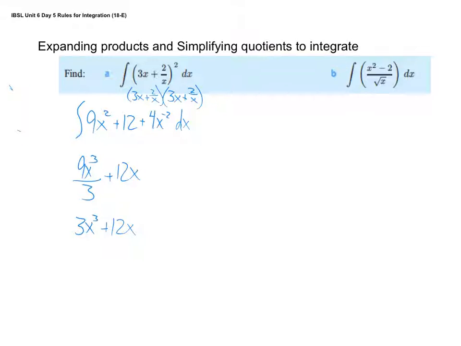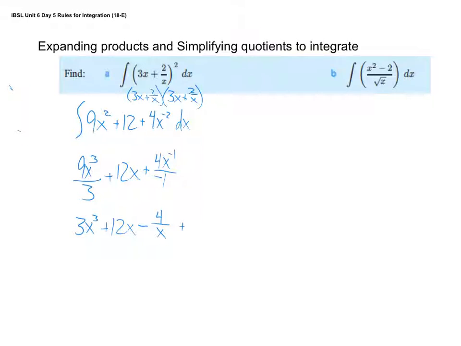And then what's the integral of 4x to the negative 2? Negative 4x to the negative 1 over negative 1. Okay, make sure you add to the exponent. So this is going to be a minus 4 over x.